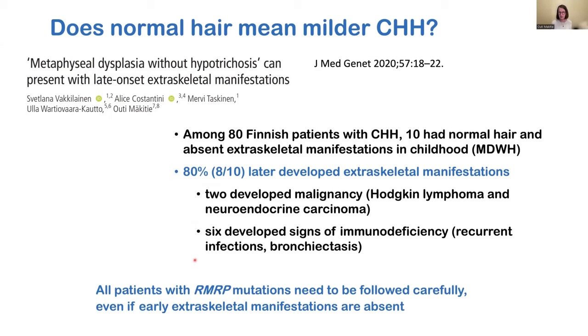So really poor prognosis, and it seems that normal hair does not protect from all these complications. Our conclusion was that all patients with these RMRP mutations need to be followed carefully, even if these early extraskeletal manifestations are absent.